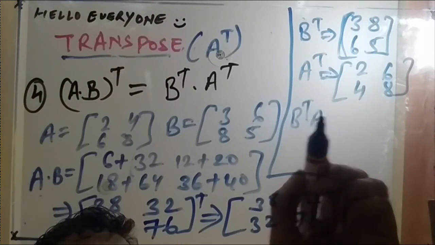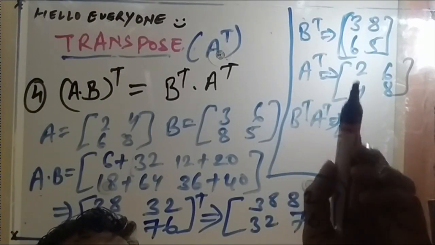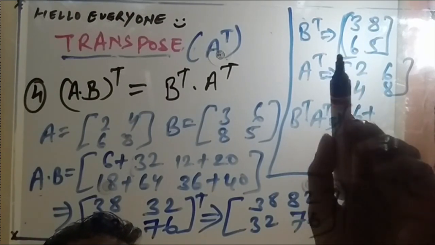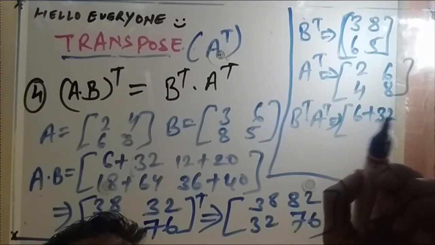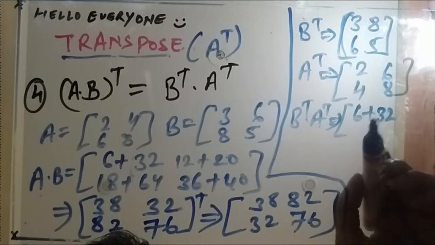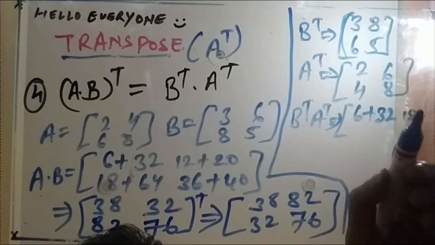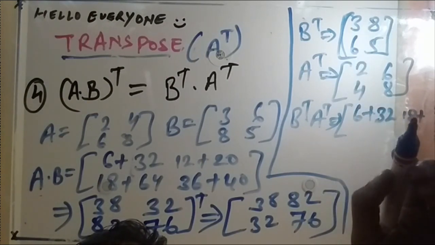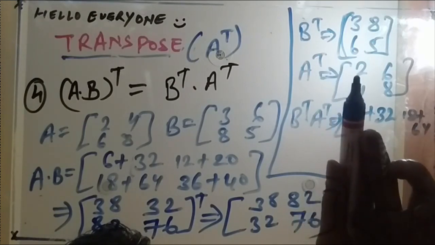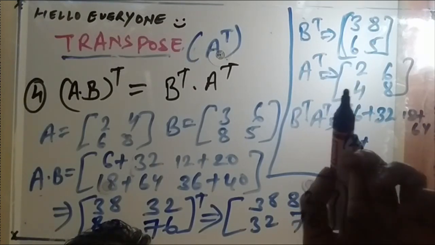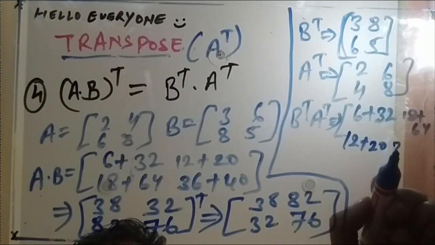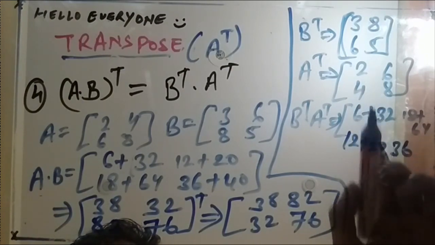B transpose into A transpose will give 3 2s are 6 plus 8 4s are 32. Next element will give 3 6s are 18 plus 8 8s are 64. Next element will give 6 into 2 12 plus 5 into 4 20. Next 6 into 6 36 and 5 into 8 40.